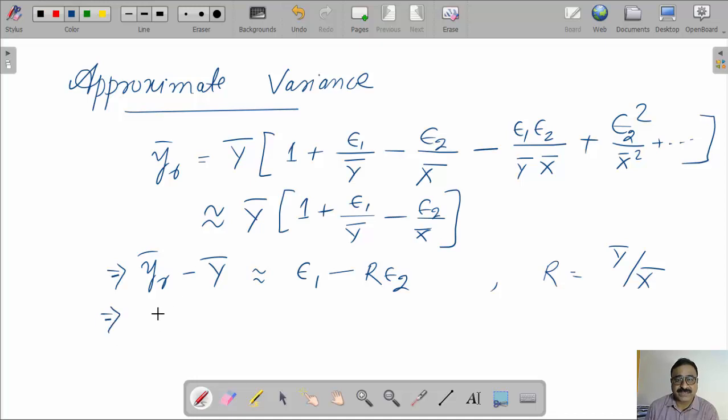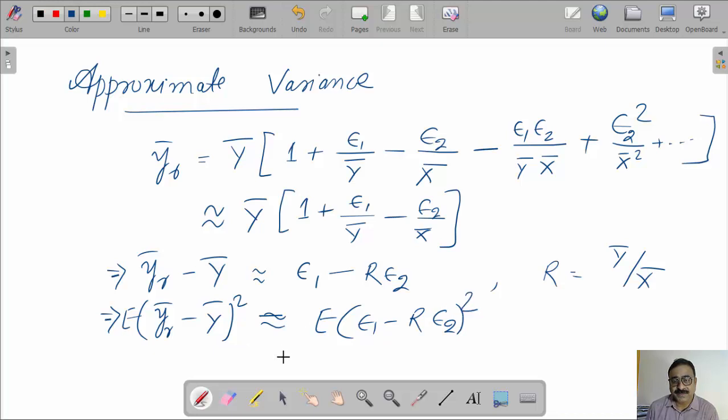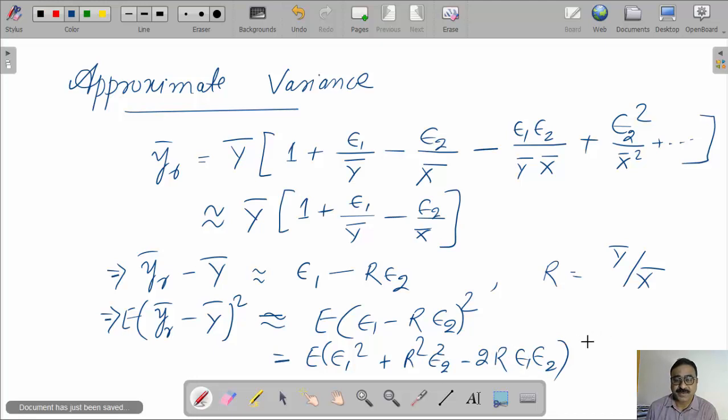Now squaring both sides and taking expectation, the expectation of y r bar minus y bar whole square is equal to the expectation of epsilon 1 minus r epsilon 2 whole square. So that is equal to expectation of epsilon 1 square plus r square epsilon 2 square minus 2r epsilon 1 epsilon 2.